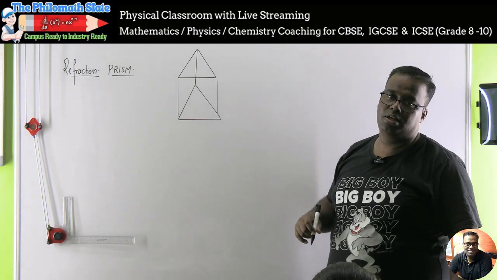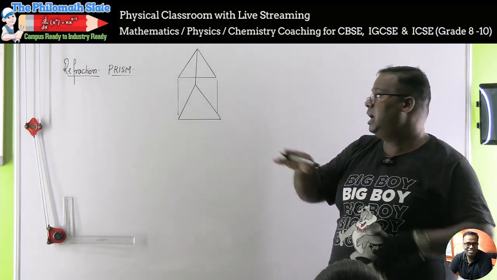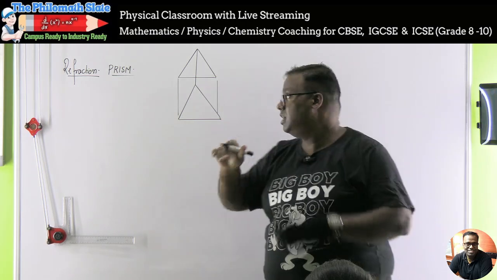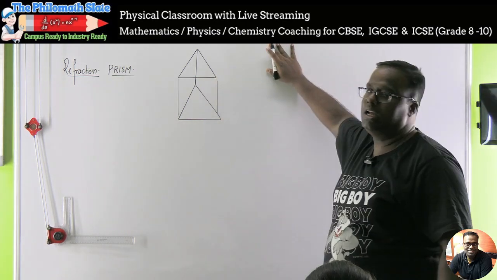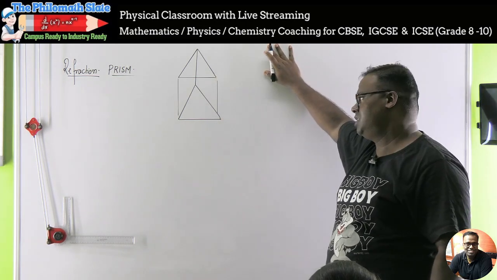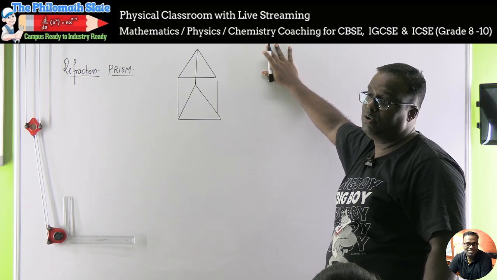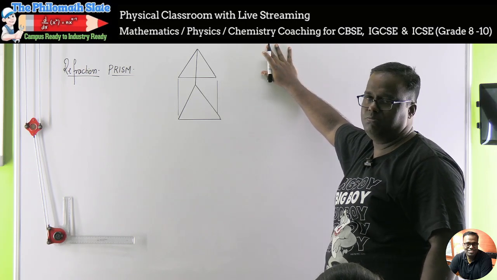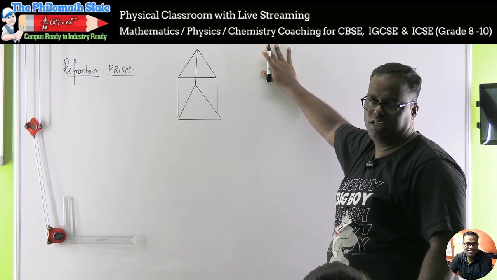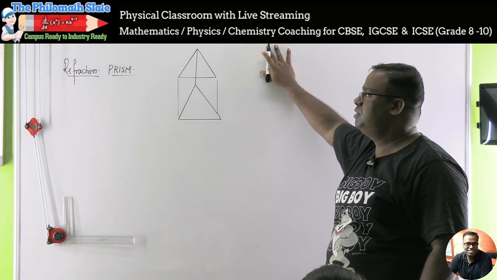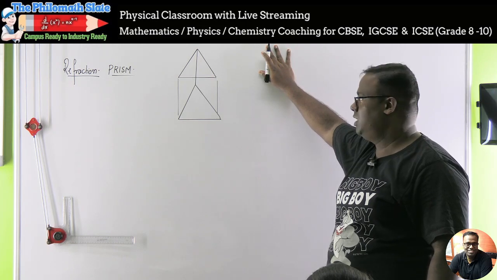They are attached, but joined like this, and they are not at 90 degrees. This angle is 60 degrees. So we can have a 60-60-60 prism, a 60-30-90 prism, a 45-45-90 prism. All of these exist. In CBSE there is not so much, these problems come in ICSE. We only have to understand the theory part. Okay, this is a prism.